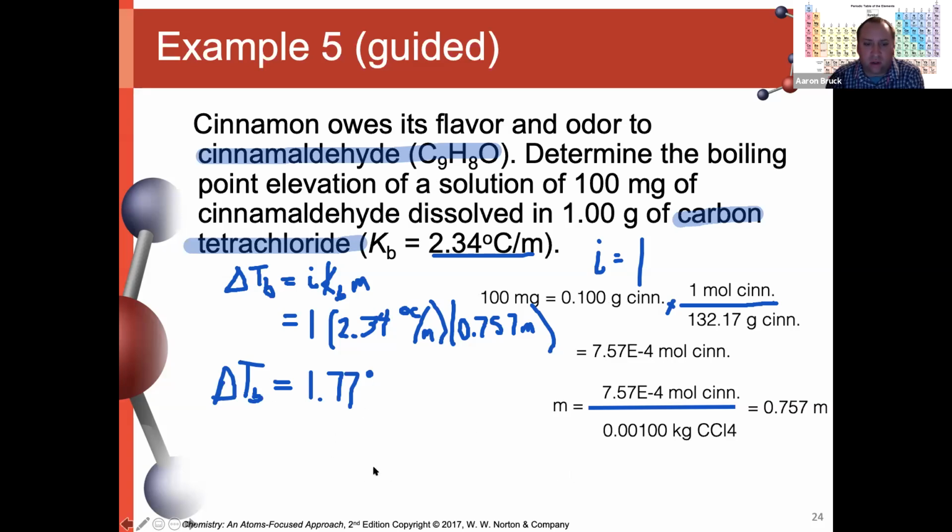So the new boiling point would be the combination of those two together, which to one decimal place would be 78.6 degrees Celsius.